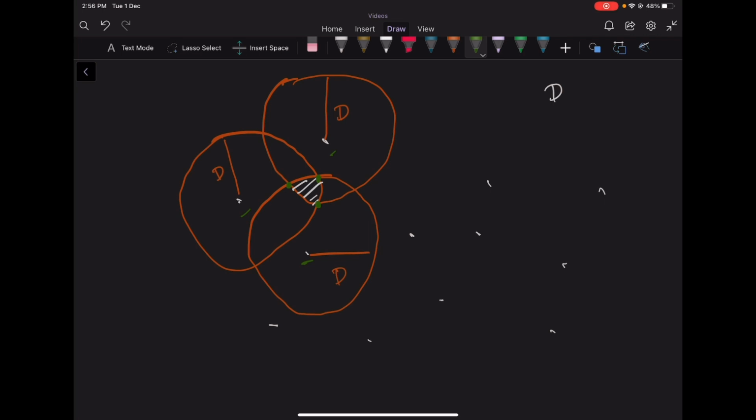The corner points of the intersection region of any subset of circles will definitely be a point which occurs as an intersection of any 2 circles in that region. So for example, we have these 3 corner points. This point is the intersection of this circle and this circle. This point is an intersection of this circle and this circle. This point is an intersection of this circle and this circle. So all the corner points will be intersections of any 2 circles from the set.